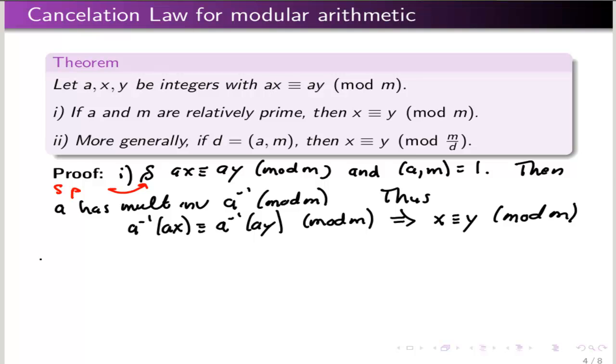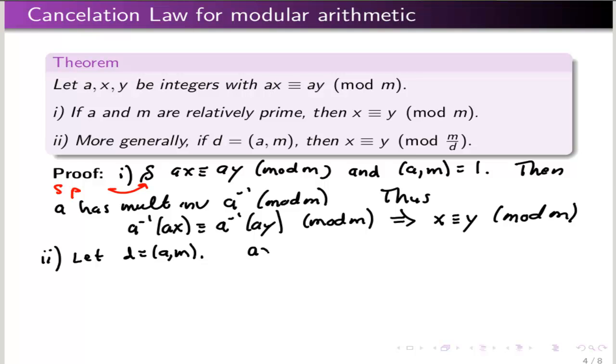Okay, part 2. Let d be the GCD. Now what we have to do, because I'm changing modulus, is just go back to a linear equation in the integers.